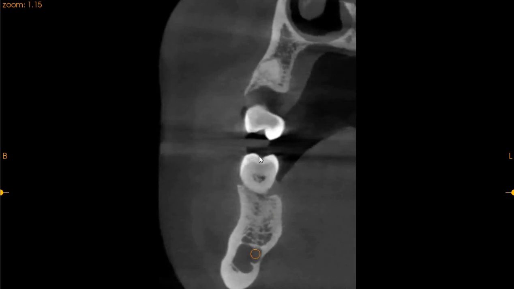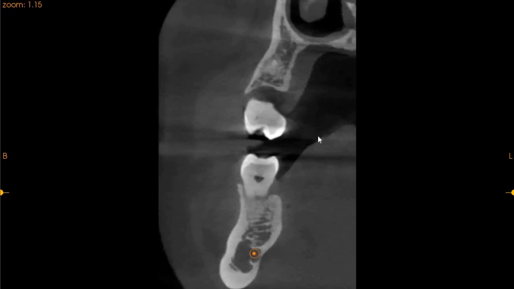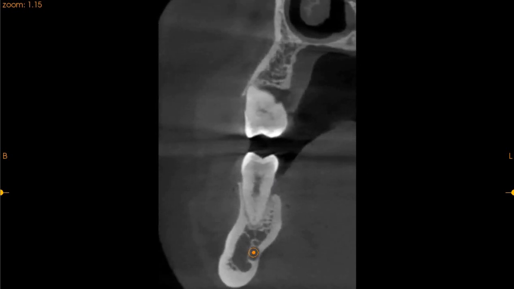As we move to the middle of the root, we've got a slightly class 1 with a little bit of a dentine shadow. And then we've got one wide single distal canal with almost the same working length, which will be 19.2 millimeters. We have significant bone loss on the lower left side.